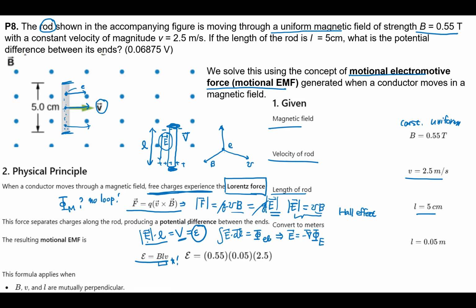Okay, the Lorentz force. And then we find the electric field, and from the electric field, we find the potential difference, and that potential difference is going to be our electromotive force. Okay, so you need to understand the differences. So electromotive force could be achieved using a loop, but also it could be achieved with a moving rod. Okay, a moving rod.